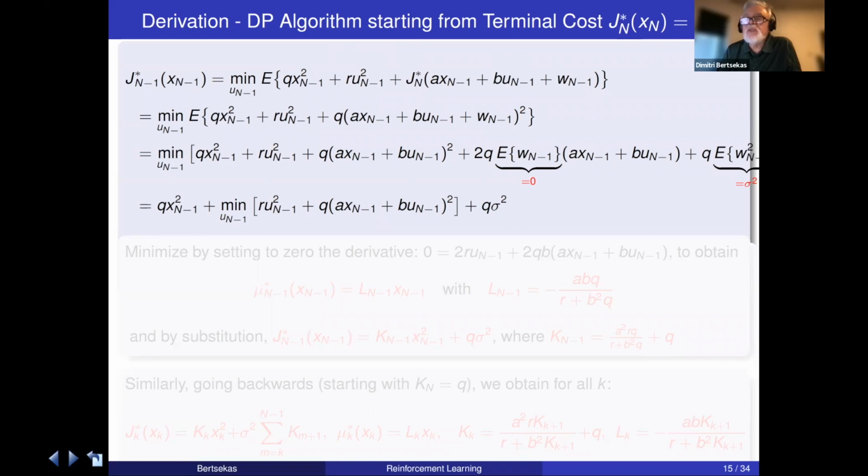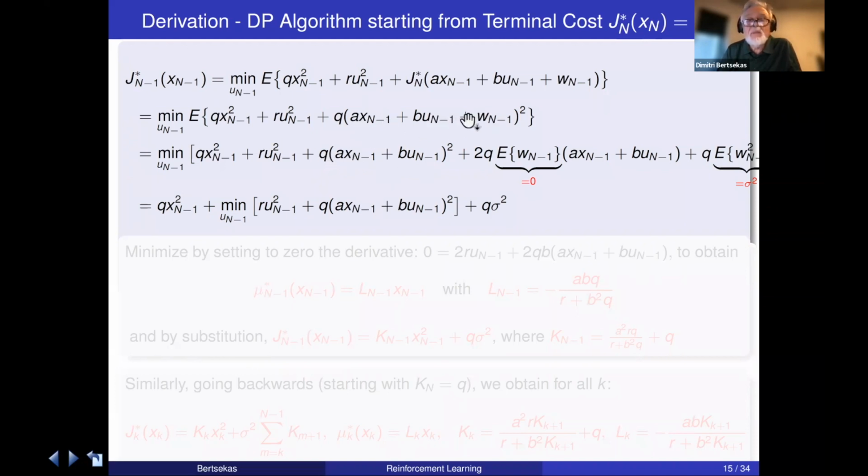We start with this terminal condition, the terminal cost, and write the dynamic programming expression, minimize over u, the first stage, the current stage cost plus the cost to go, as given by this quadratic expression. So we substitute this expression here. We write this as so, and then we have this quadratic expression, and we expand it, okay? using the quadratic formulas.